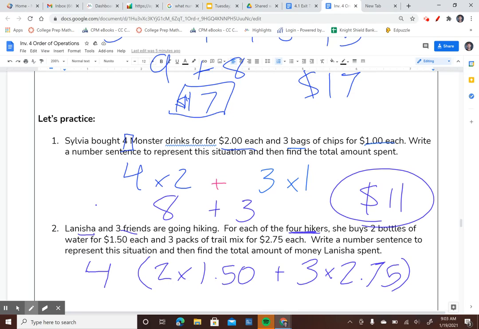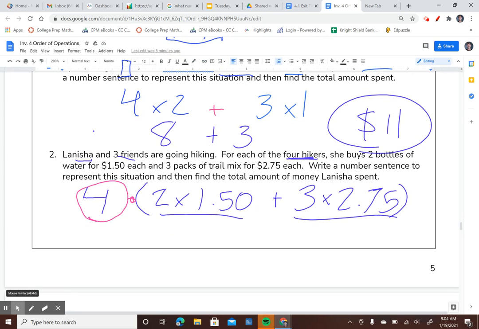Now notice I have both my multiplications inside of the parentheses because I have 4 on the outside of my parentheses, meaning that I'm going to take whatever is inside the parentheses and multiply it by 4 because she's buying the trail mix and the water bottles for each of the 4 hikers, right? She and her 3 friends.